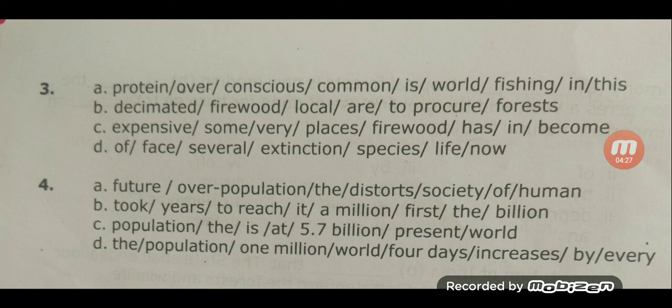Number 4. Overpopulation distorts the future of human society. B. It took a million years to reach the first billion. C. The present world population is at 5.7 billion.